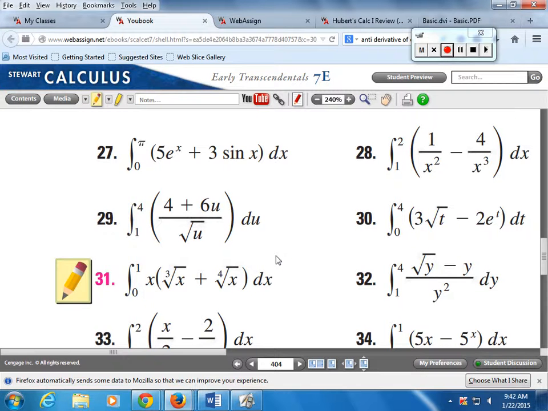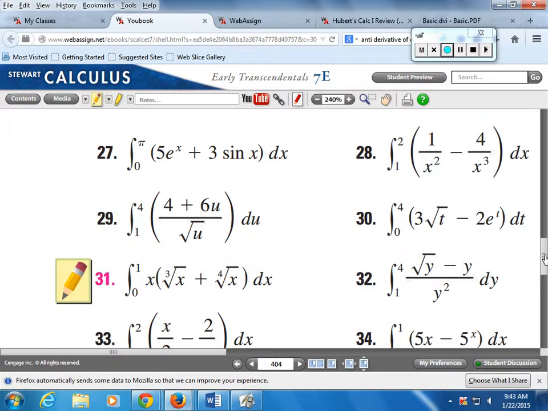Distribute. What about this one? What's the first step? Not the first step is to change what? Change the radicals. Then distribute. How about this one? Do we have to do anything? No, just break it up. You have to rewrite this.